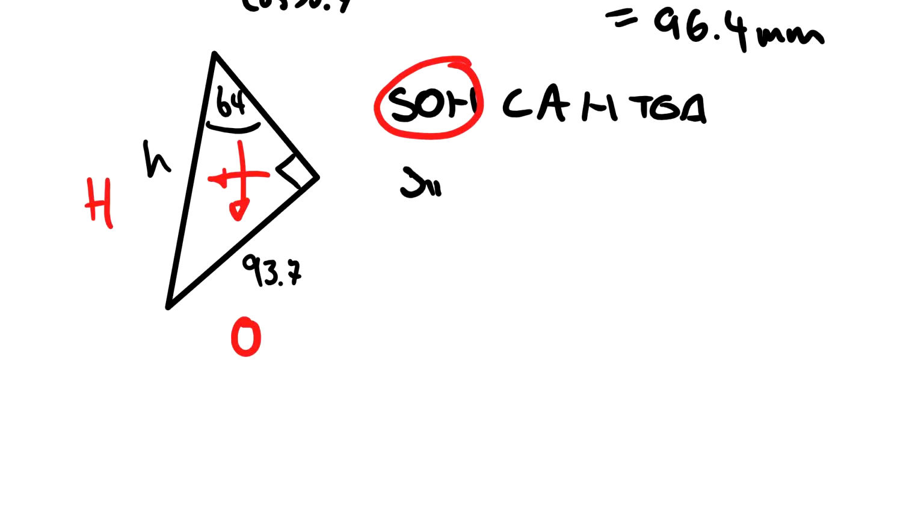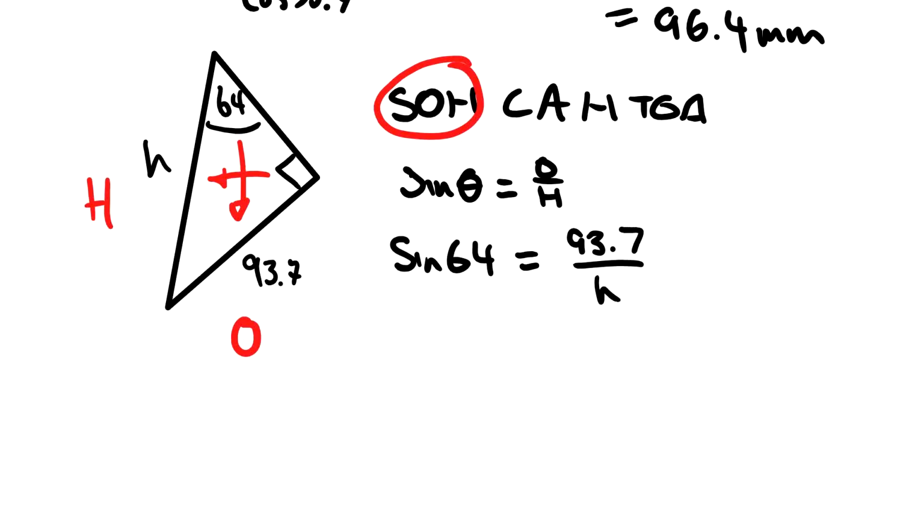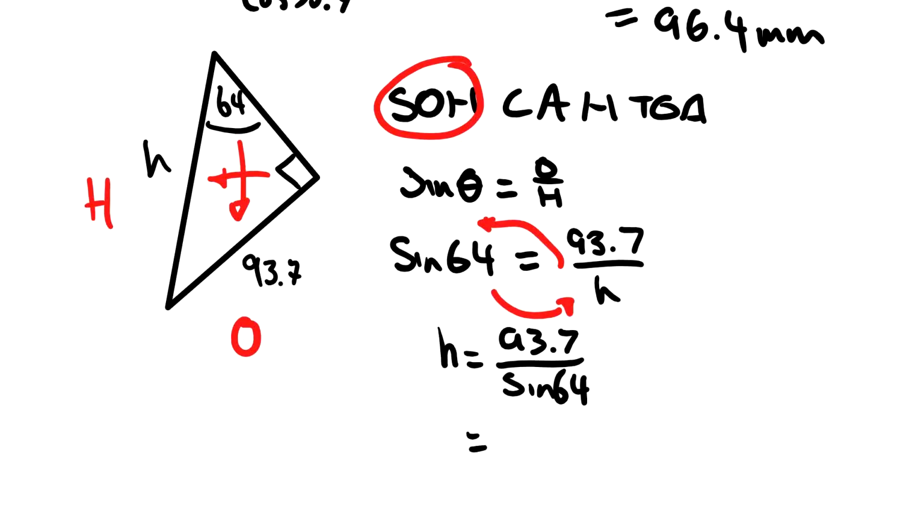So sine theta equals O over H. So sine 64, because we're just substituting in our values now, equals 93.7 over H. Now again, the trick, remember, is just to swap these two positions. So I'm left with H equals 93.7 over sine 64, which you can put straight into the calculator.